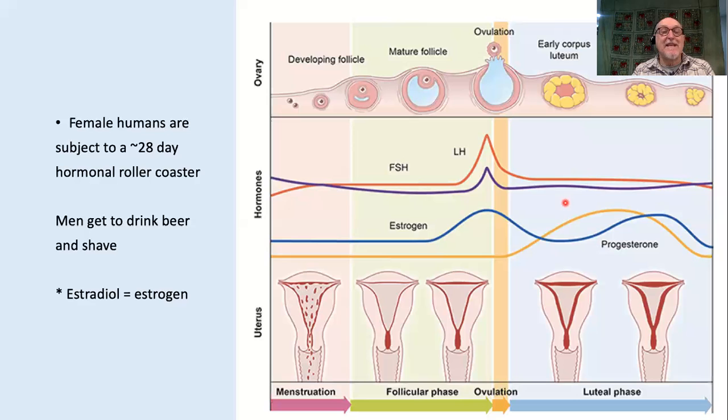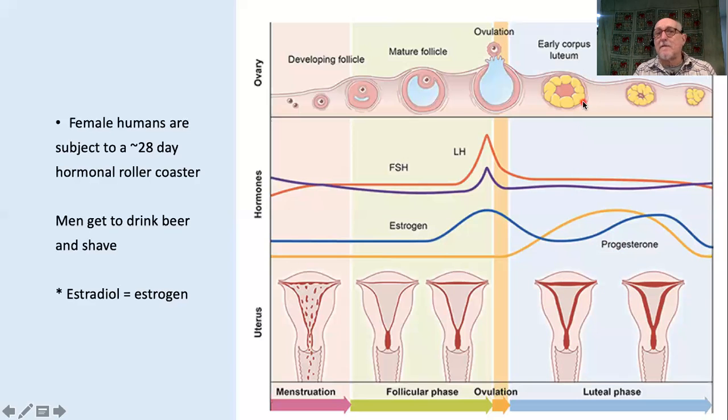And it produces estrogen, some, and it produces this hormone here called progesterone. And estrogen and progesterone together strongly stimulate the production of the endometrium there. So this corpus luteum here is preparing the uterus to receive this fertilized egg here.